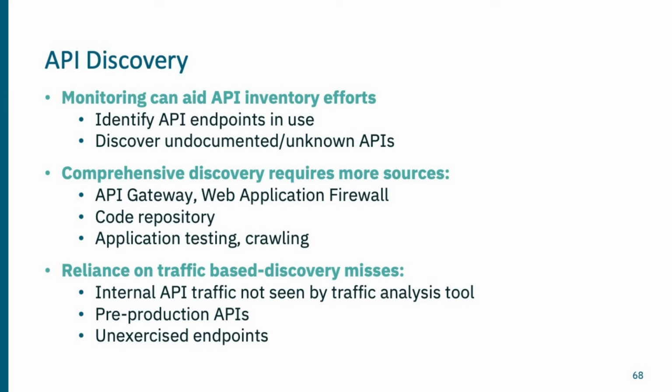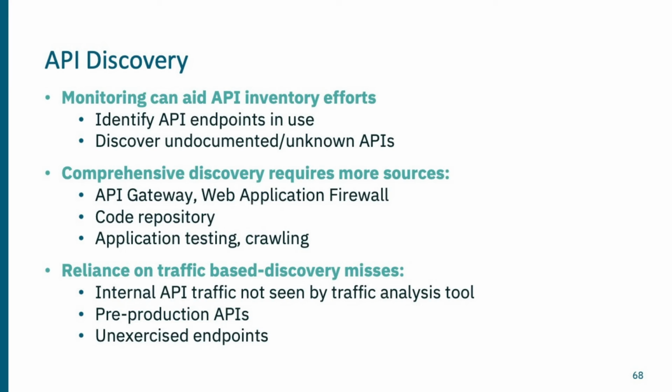Because APIs may exist within the firewall that are not being seen by your monitoring tool. You want to be scanning code repositories to look for these types of APIs, or crawling or app testing. But that's how you're going to get a comprehensive view. And ultimately, you want to enforce that all APIs are being managed centrally in something like an API gateway.